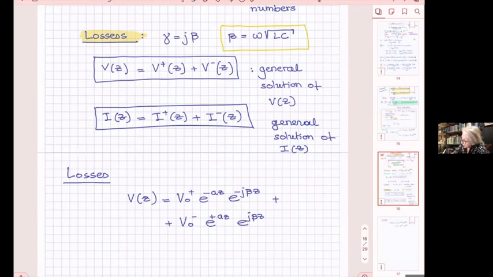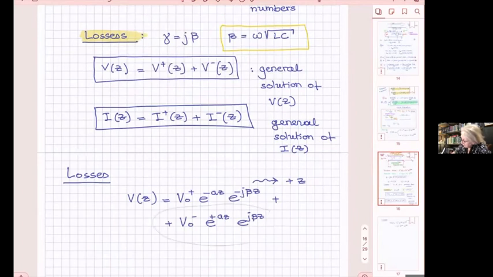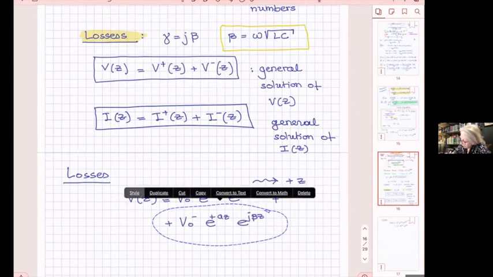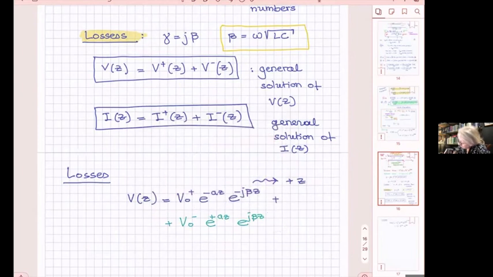So this, remember, goes like this along the positive Z. And this wave here underneath it is the opposite wave. This one goes along the negative Z direction. You need to remember that.